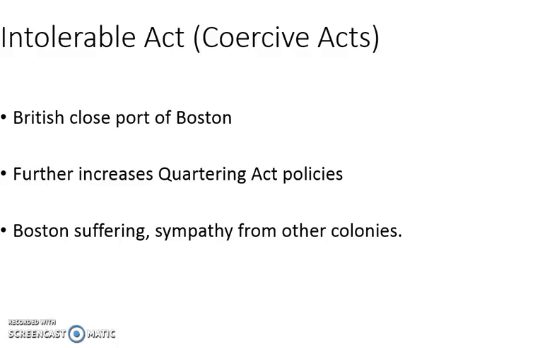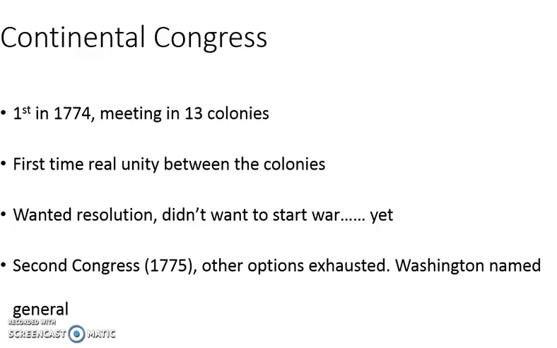They further increased the policies made through the Quartering Act, and this caused a lot of suffering within Boston. They basically had no communication with the outside colonies, and this really is what drew a lot of sympathy from the other colonies. Which leads us to the First Continental Congress, which happened in 1774.